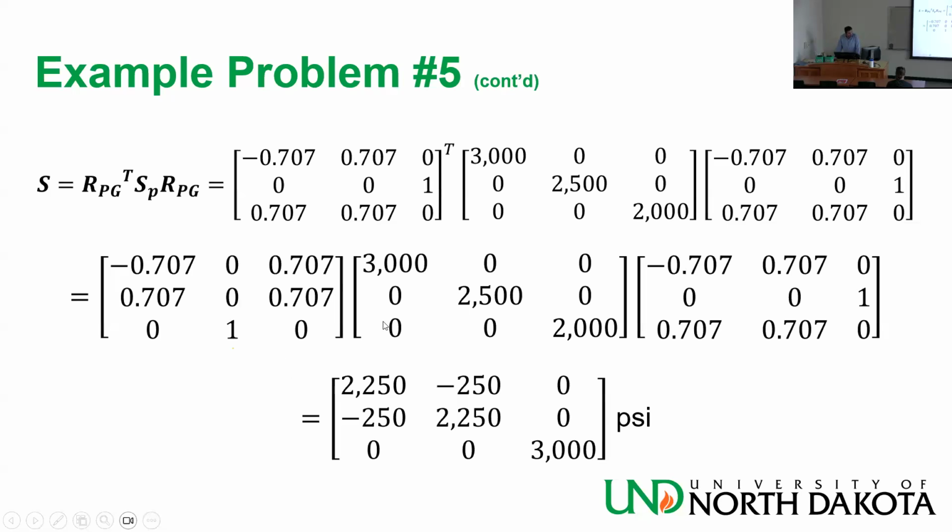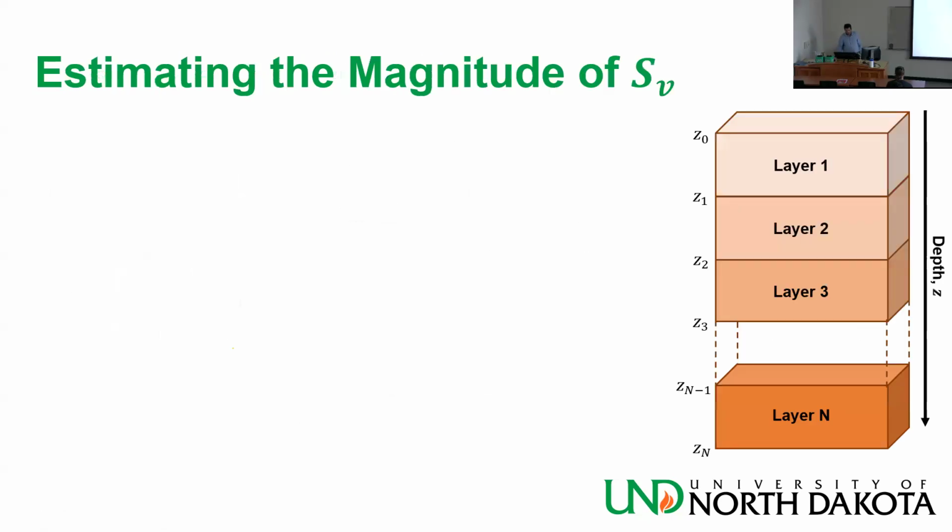Anyway, any questions before I move to the next subtopic, which is going to be easier? We talked about SV, SH max, and SH min, and we learned about those Andersonian stresses. Now we have to be able to quantify them.